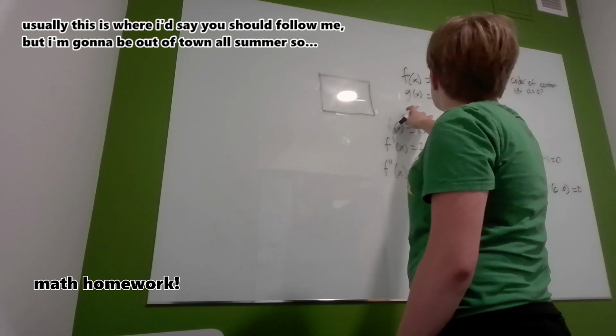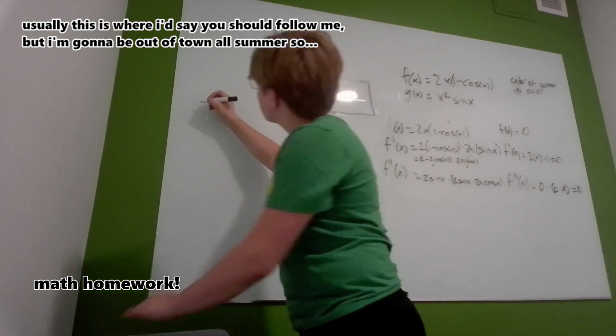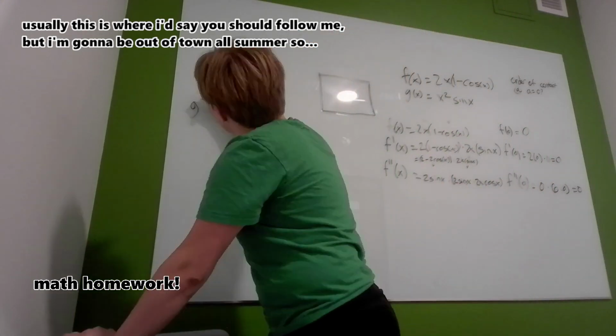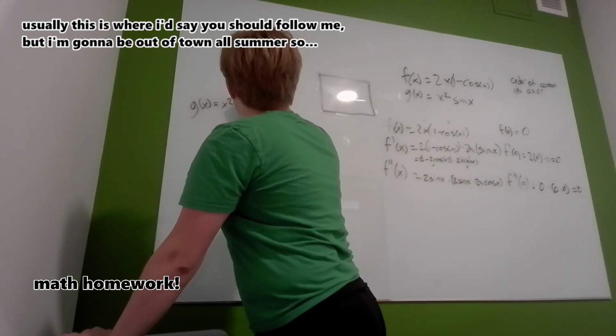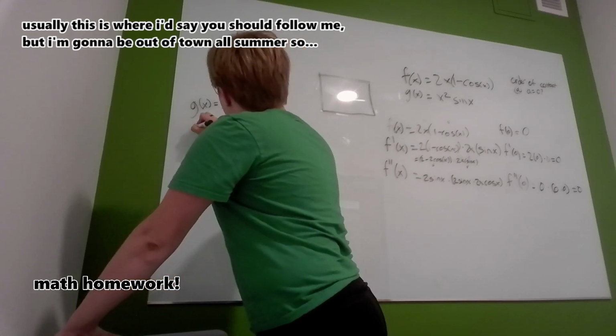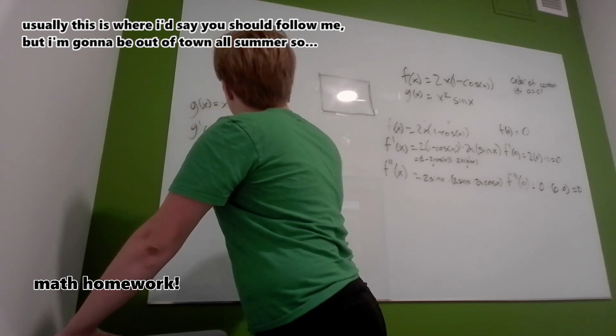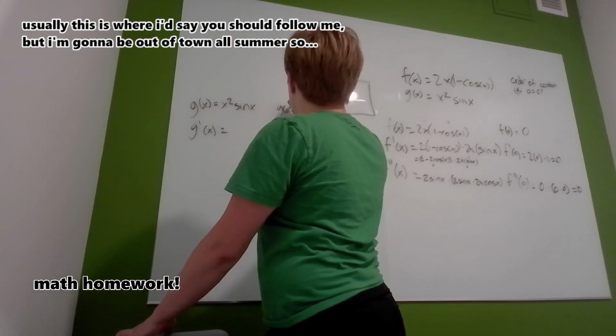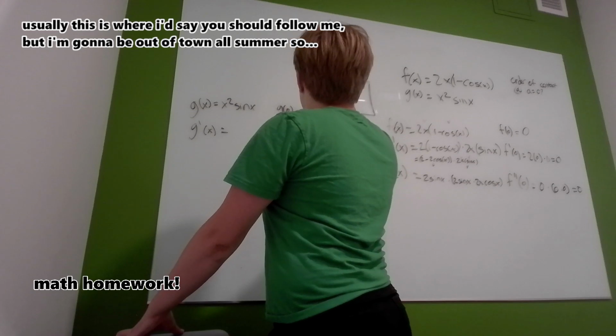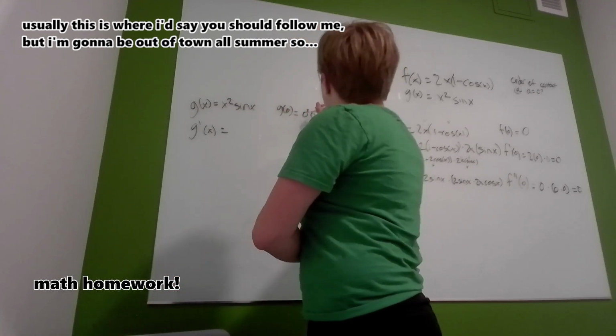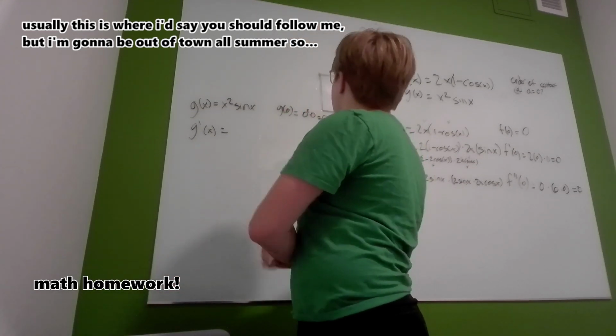Then g of x. It should be a little shorter. Equals x squared sine x. g of 0 is 0 squared times 0 equals 0.